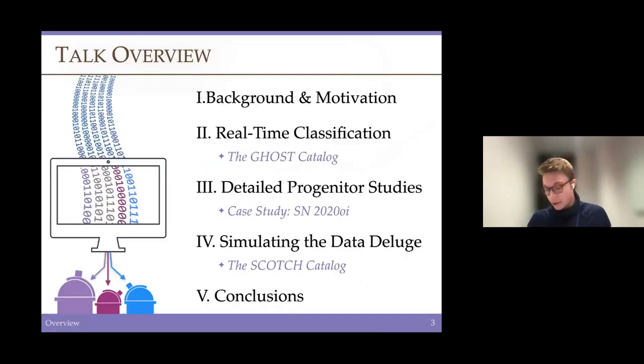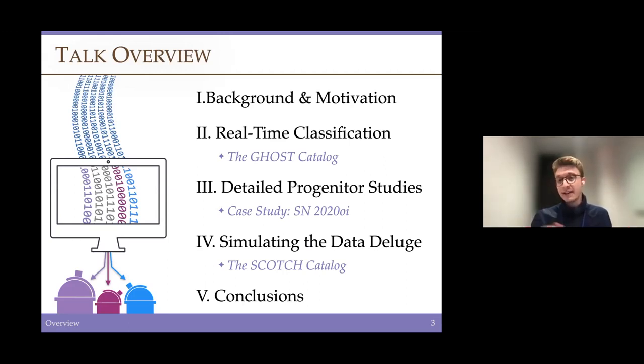Okay, so here's how my talk is structured. I'm going to start off with some background and motivation about why we might want to enable fast transient studies, although probably need less motivation with this audience specifically than with other audiences. I'll then talk about some work to enable real-time classification using the host galaxies of different classes of supernovae, using statistical correlations from a catalog called GHOST that I've consolidated from past discoveries.